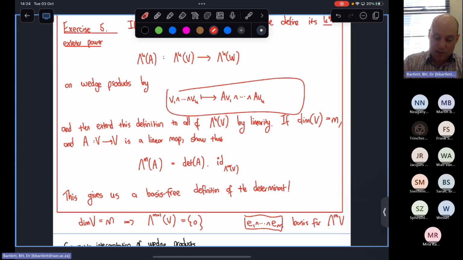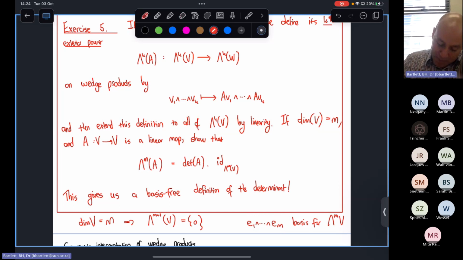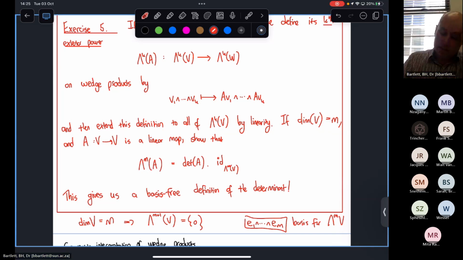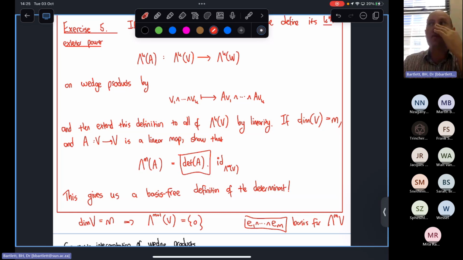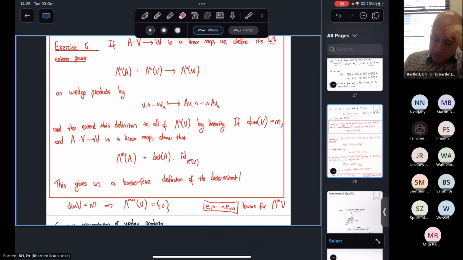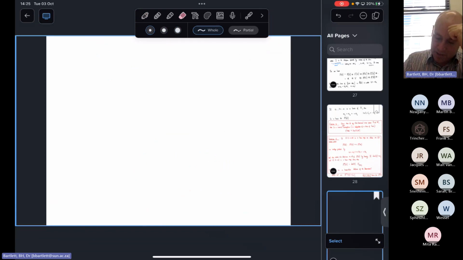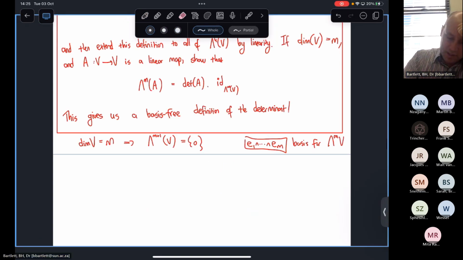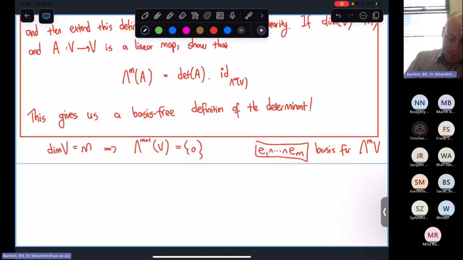Here's my formula. And the claim is that when you compute it, since I've just got a map from a one-dimensional vector space to itself, any such map would just be a scalar multiple of the identity. And the claim is that the scalar multiple is going to be the determinant of that map. Maybe let's go through that little calculation quickly, to see that everyone's on board here.